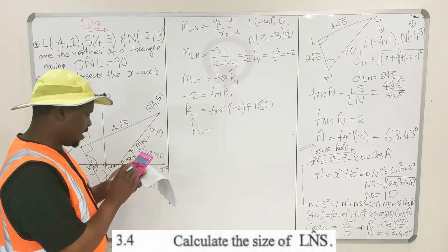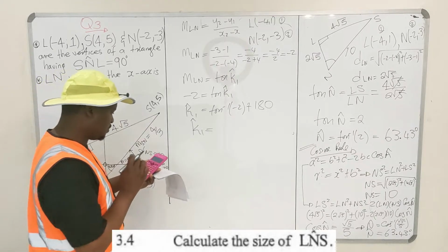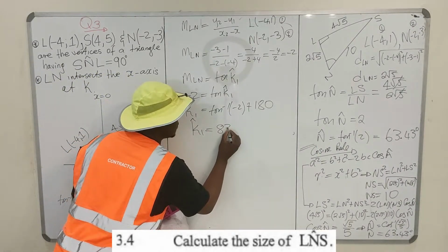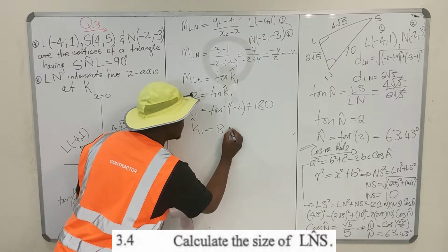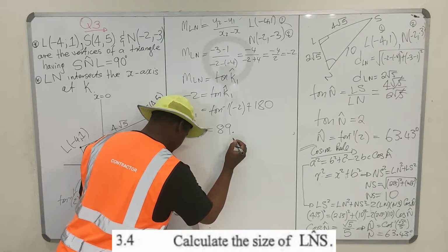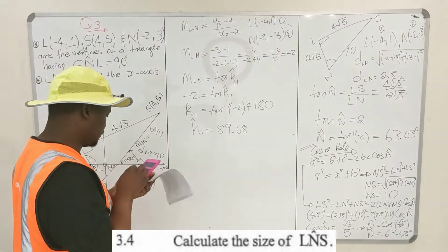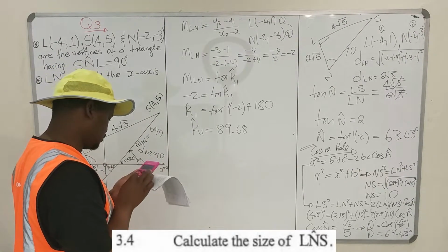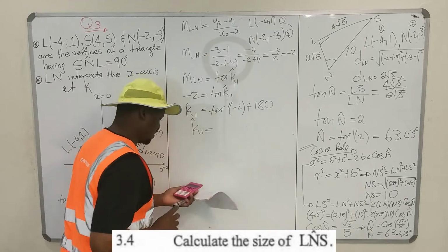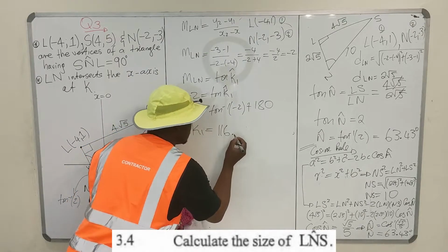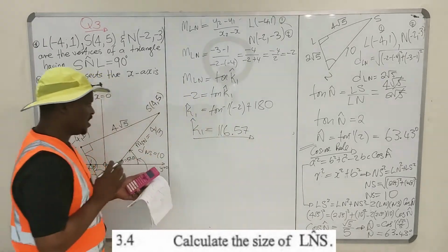So arctan minus 2 plus 180. So we get that this is 89.68, right? Let me double check something. Sorry. This is 116.57, right? This is K1. It's 116.57.